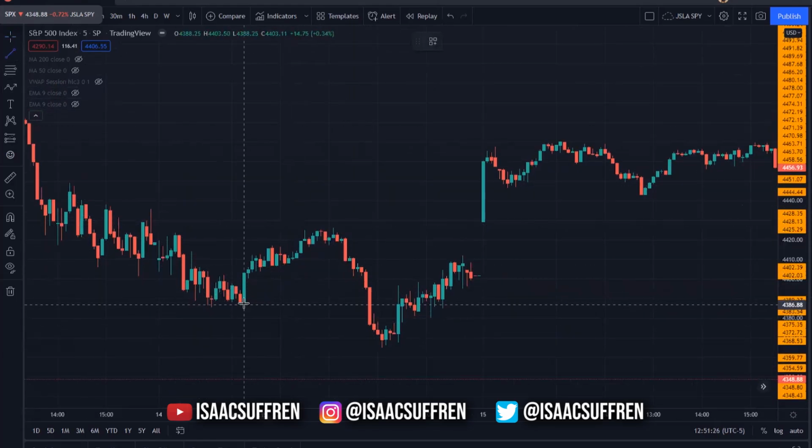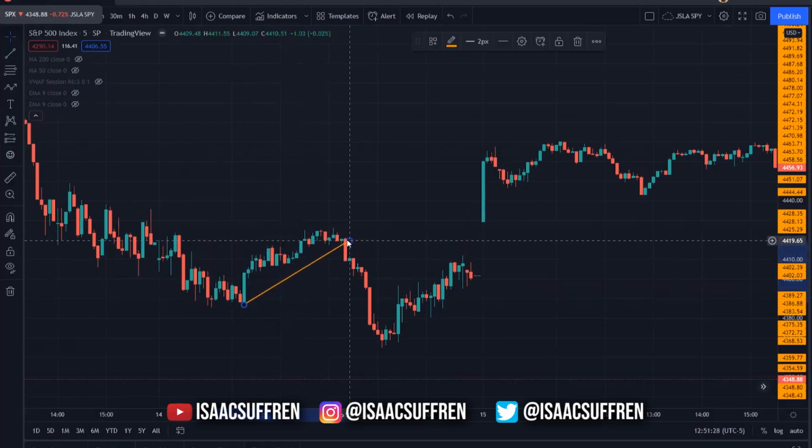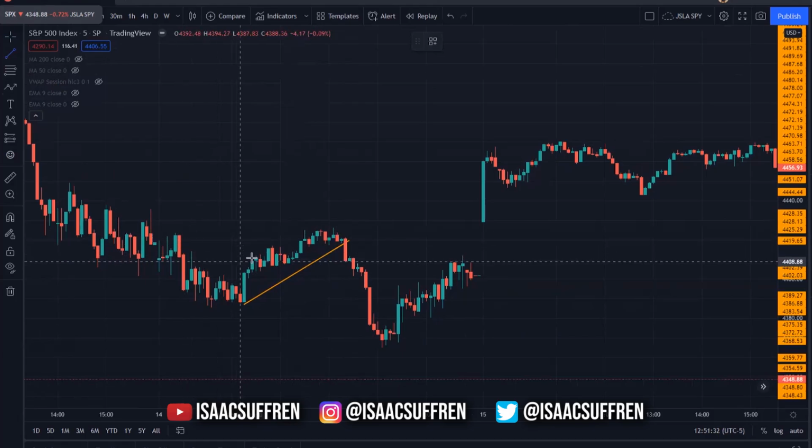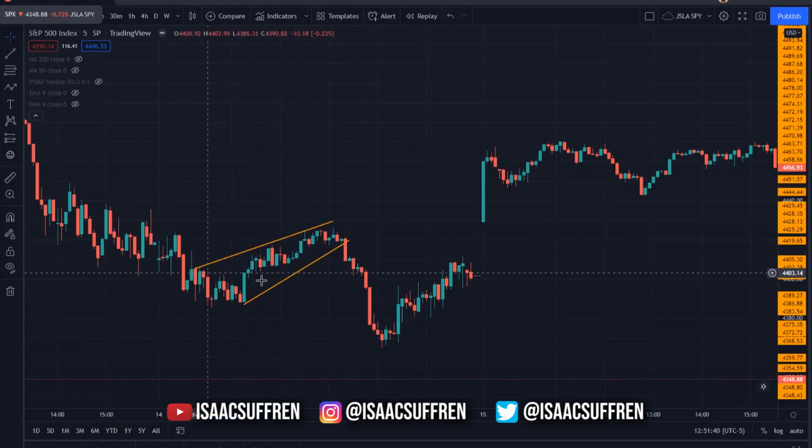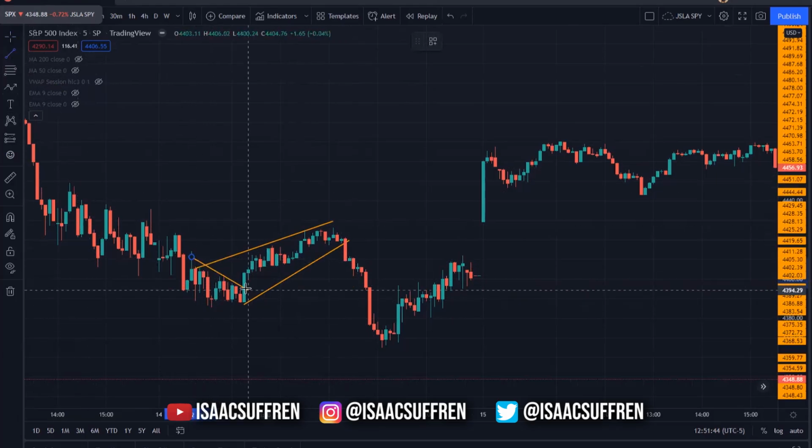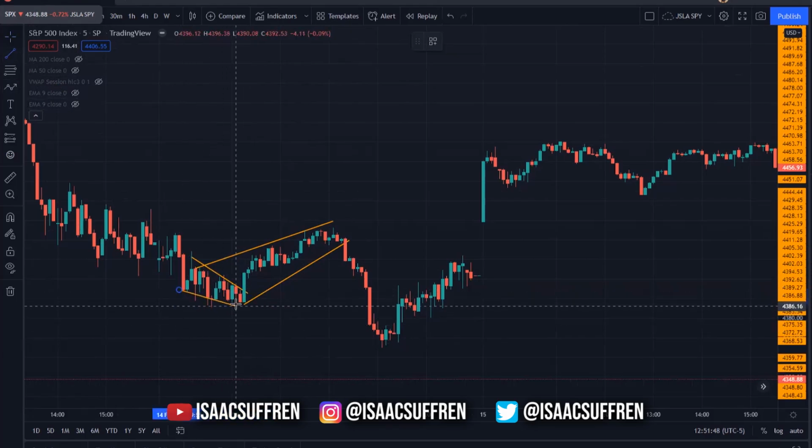Let's see. I don't want to force. We may have had a wedge right there, a rising wedge, and even right here you can see that the price action started off wide and kind of made its way into this tight consolidation before breaking out, right?